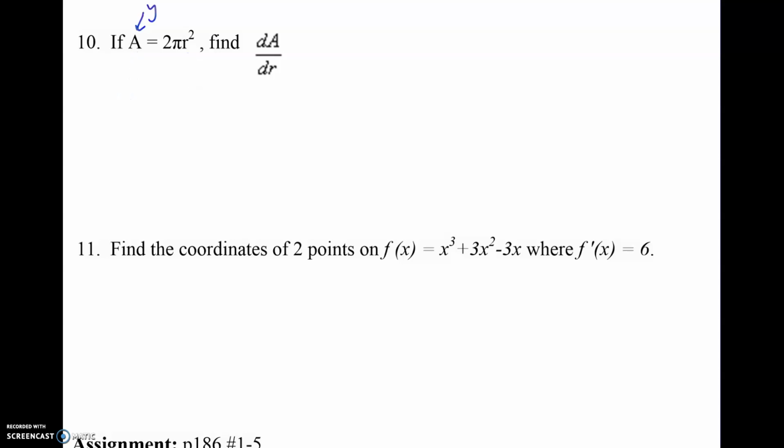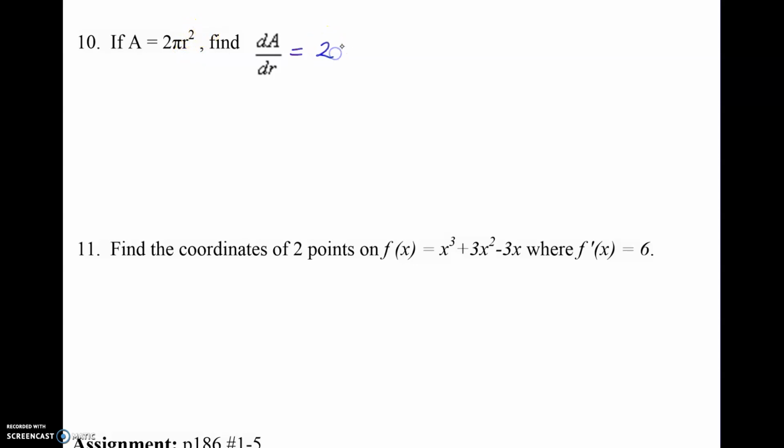The point being here, we're asked to find the derivative. The derivative of the function, in this case it's called A, divided by the derivative of the variable, what we usually say x. So here we say dA over dr, or we're finding the derivative. Now, 2 pi is the constant, and r is the variable, 2 is the exponent.